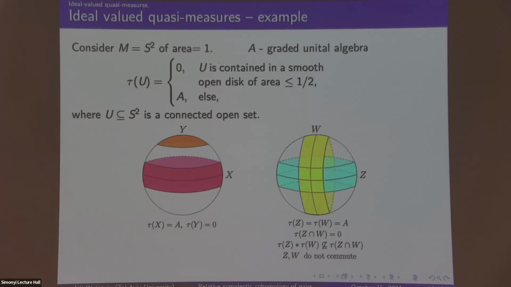So the measure of the intersection is 0. So you can see that the product of the measures is not contained in the measure of the intersection, but these sets do not commute, so it's not a problem, it's a feature, a negative feature.